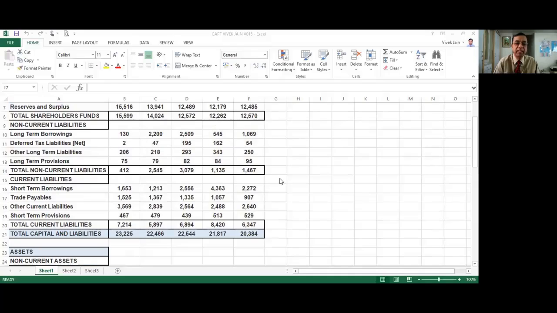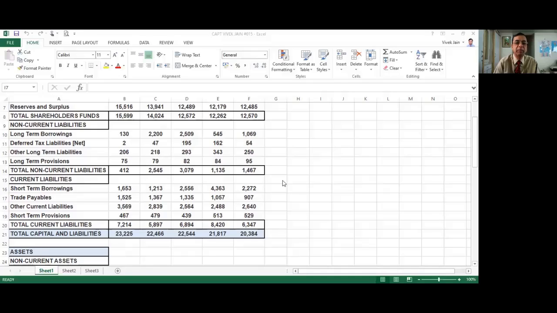Short-term borrowings are actually for working capital and for very short-term usage. This is also in a medium mode, 2272, and ends with 1653.